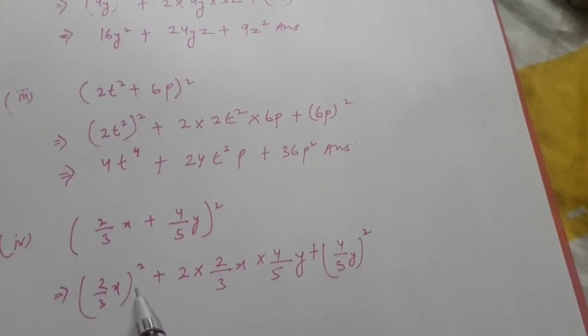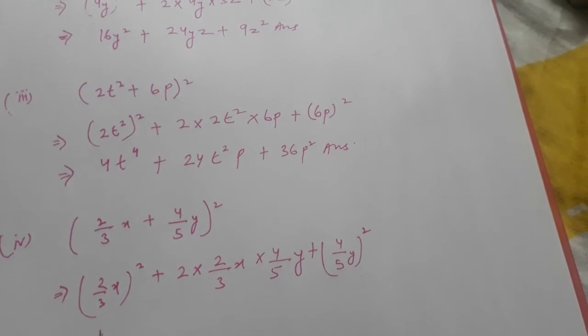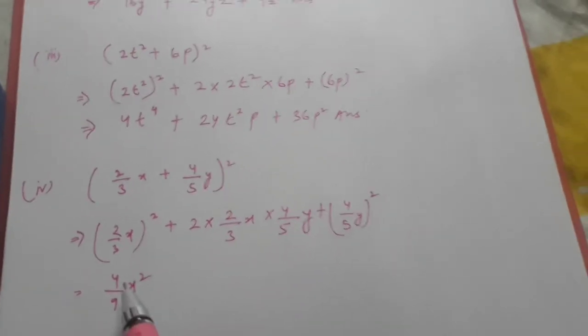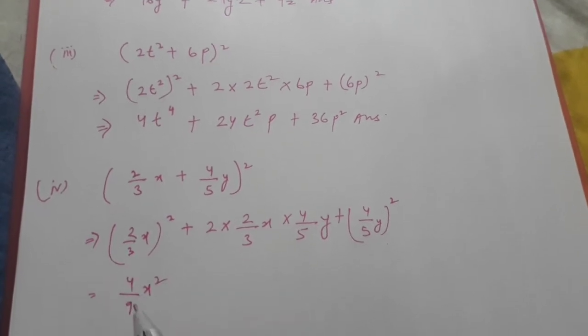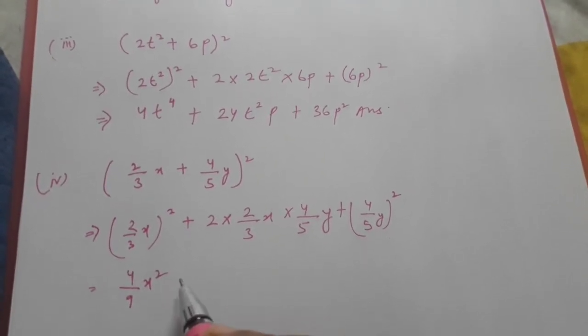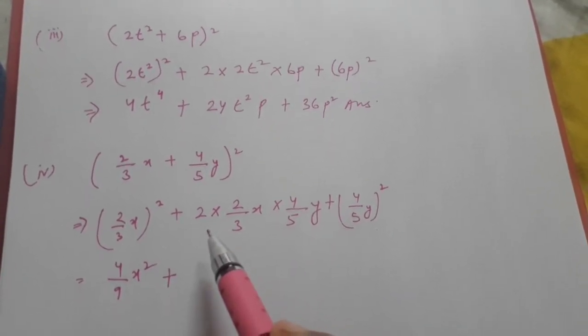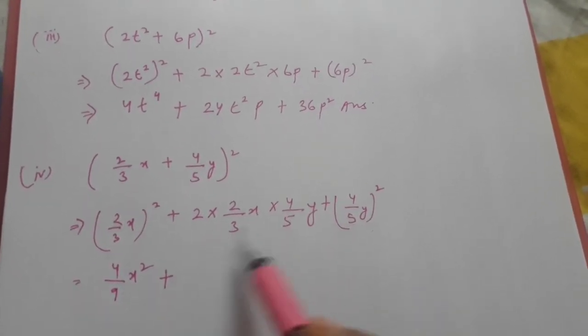So 2 by 3x square would become 2 2s are 4, 3 3s are 9, x raised to the power 2, plus we will check if we can cancel something in here.